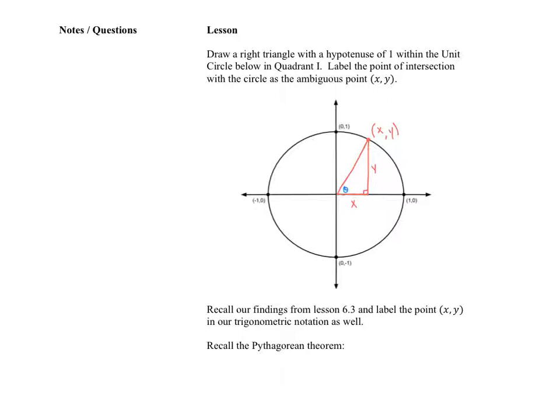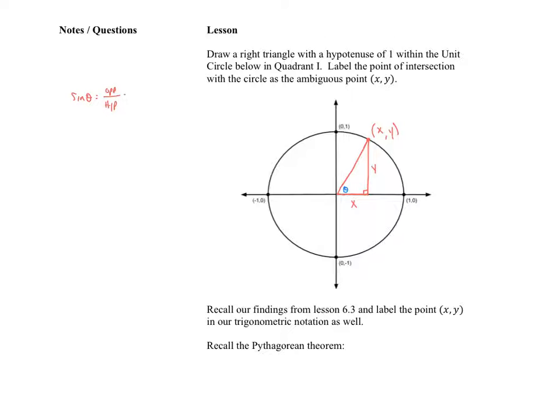Okay, so this is just a start. Now, what we're going to do is recall our findings from lesson 6.3. We've labeled the point xy, but what I want to do is transfer that to our trigonometric notation. This goes back to a similar process that we keep undergoing. We know from SOHCAHTOA that sine of theta should be my opposite side over my hypotenuse.